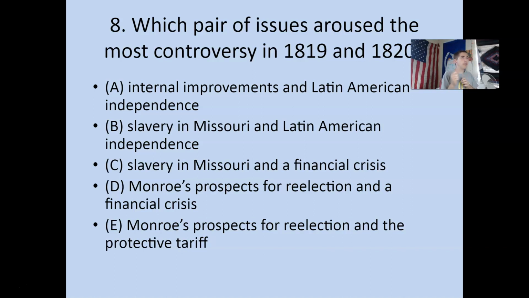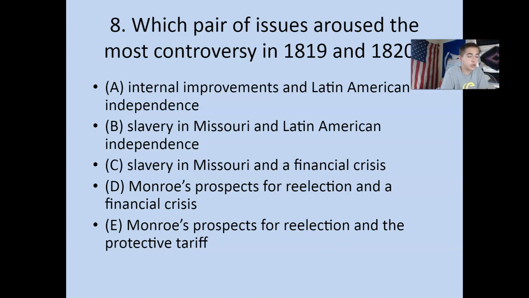Number 8. Which pair of issues aroused the most controversy in 1819 and 1820? A. Internal improvements and Latin American independence. B. Slavery in Missouri and Latin American independence. C. Slavery in Missouri and a financial crisis. D. Monroe's prospects for re-election and a financial crisis.